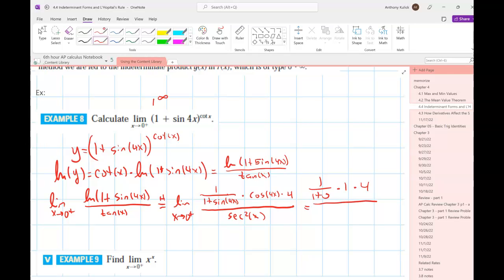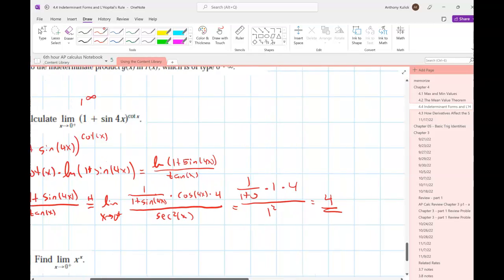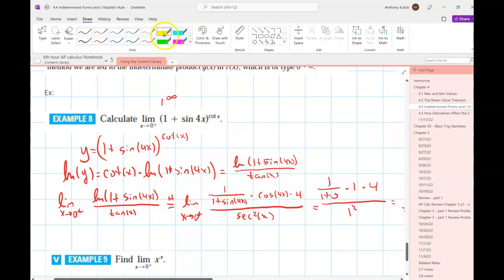Secant of 0 was 1. So we get 4 here. But we're not done, because we didn't find the limit. We found the limit for the natural log of y.